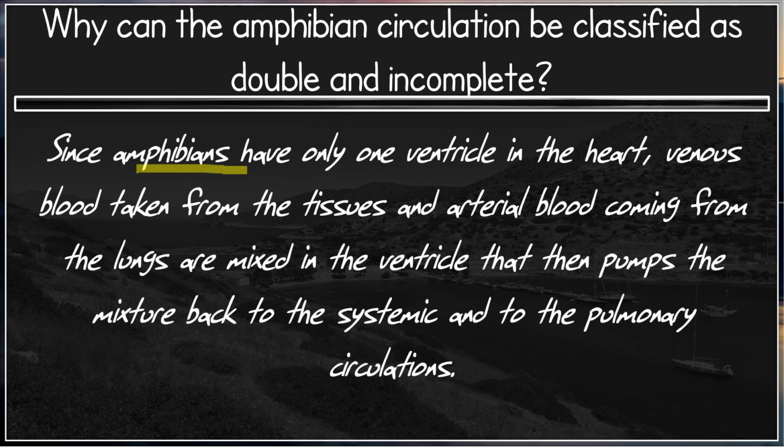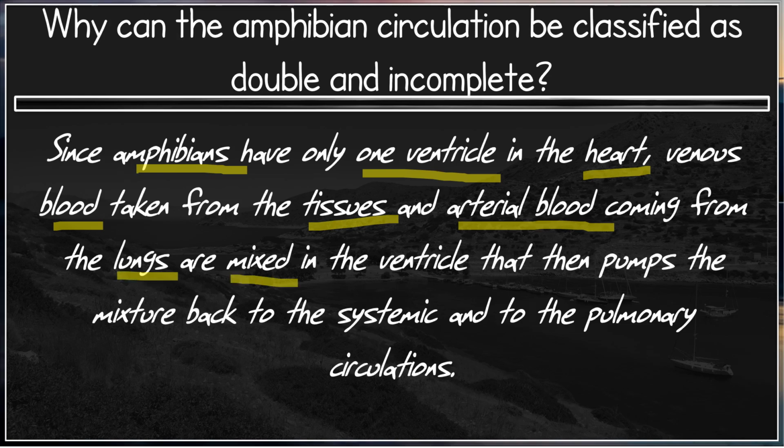Since amphibians have only one ventricle in the heart, venous blood taken from the tissues and arterial blood coming from the lungs are mixed in the ventricle, which then pumps the mixture back to the systemic and the pulmonary circulation.